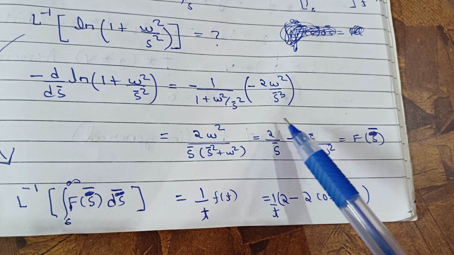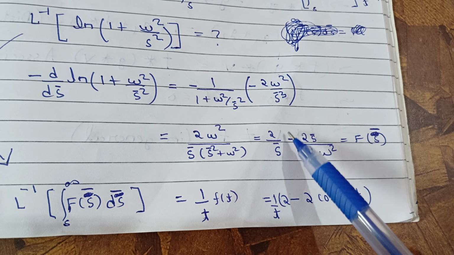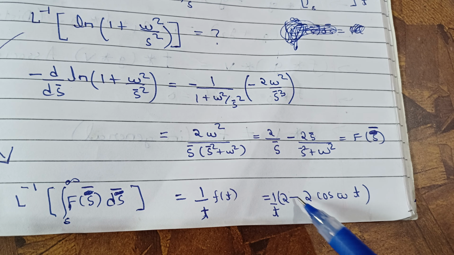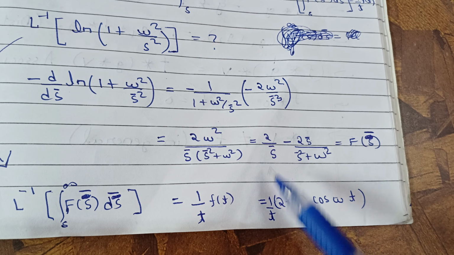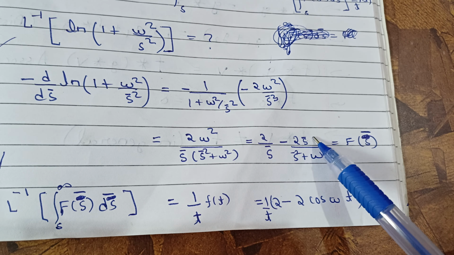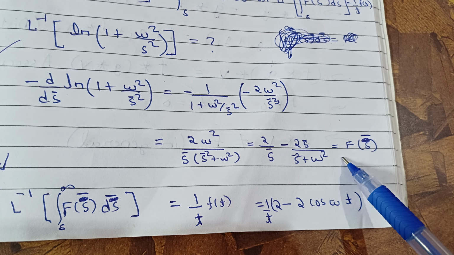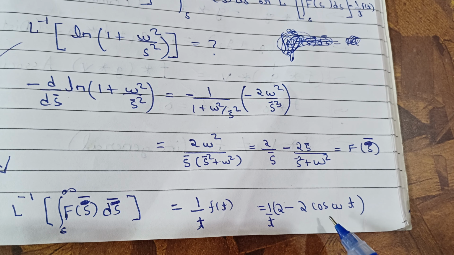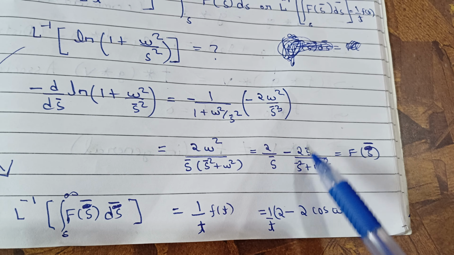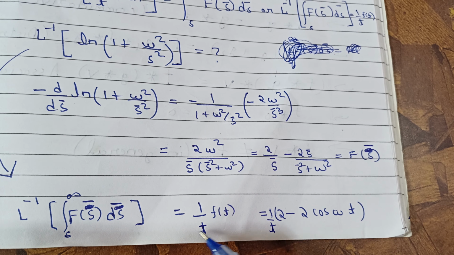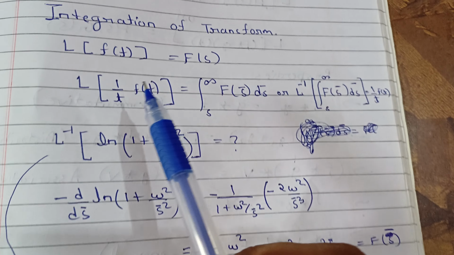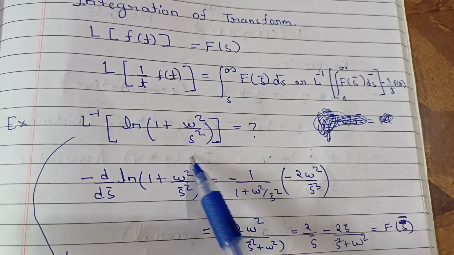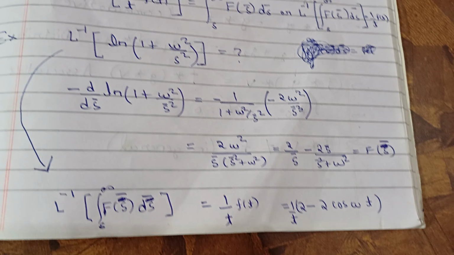So 2 multiplied by 1 upon s bar will give you only 1, so 1/t outside and this will give you 2 only, because the inverse of 1/s bar is 1. And the inverse of s bar over (s bar² + ω²) is nothing but cos ωt. So this will be the inverse, and multiplying by 1/t, this will be your inverse Laplace transform of log(1 + ω²/s²).